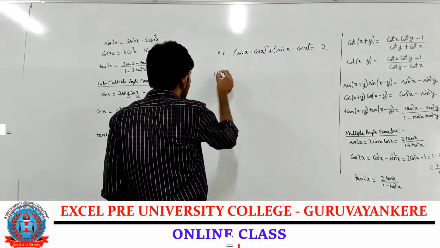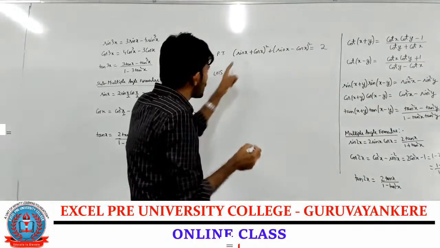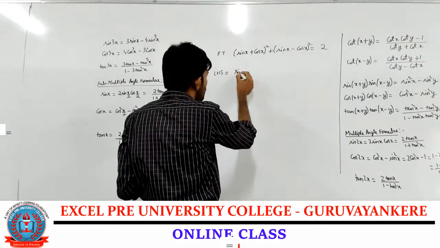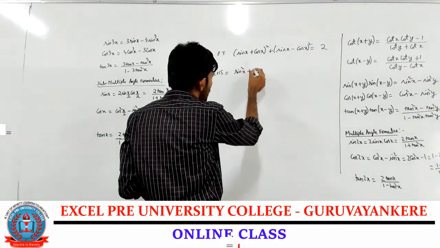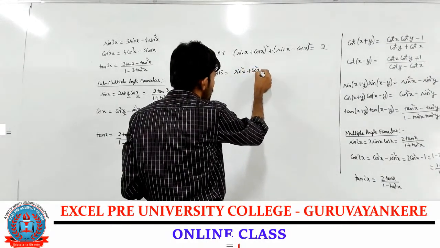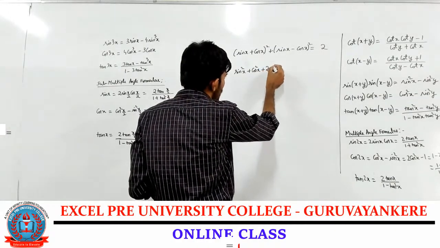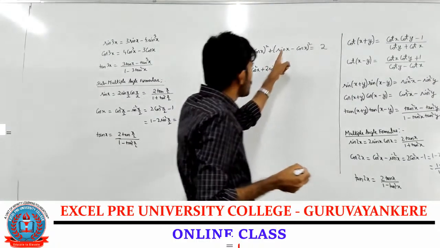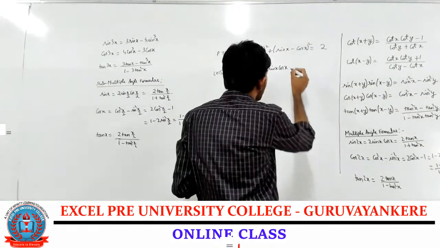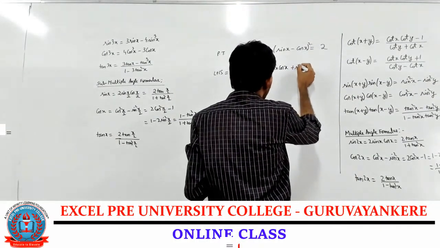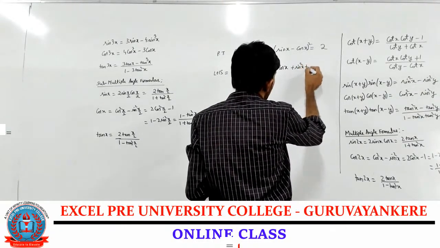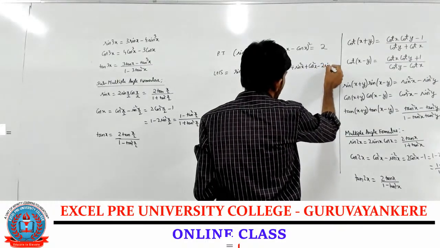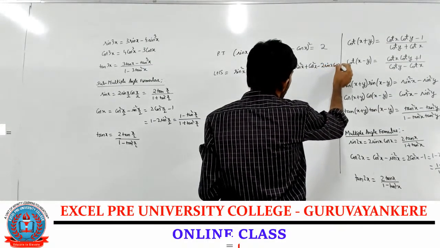Starting from LHS, expand a plus b the whole square: a square plus b square plus 2ab. Sin square x plus cos square x plus 2 sin x cos x. Here is a minus b the whole square, which is a square plus b square minus 2ab: sin square x plus cos square x minus 2 sin x cos x.